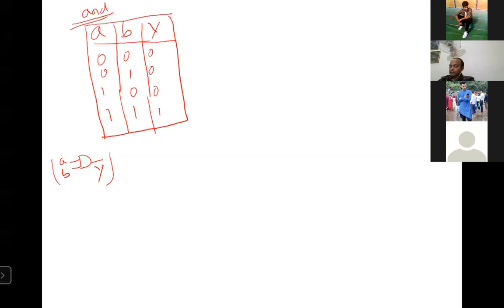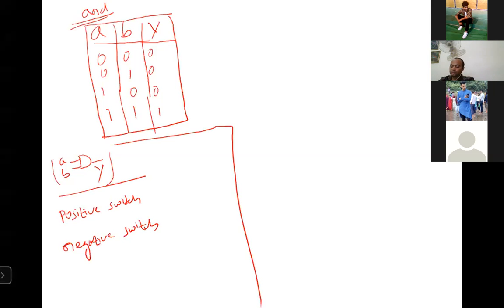So let us say I have two types of switch. One is a positive switch, and another is negative. I will go to the transistor later on. This switch has how many terminals? Two terminals.